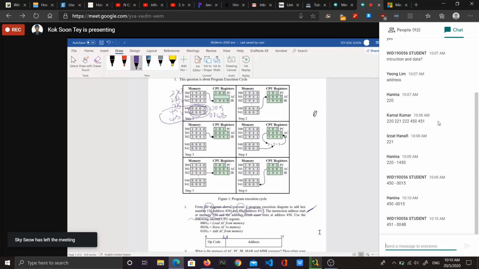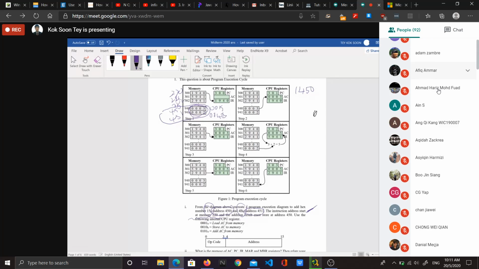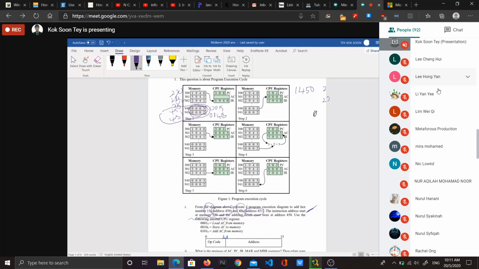Then the instruction. They ask you to add two numbers. So if you want to add, the first thing you must do is load the values into the accumulator. At 220 should be 1450.